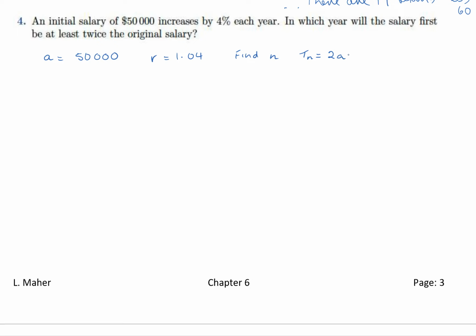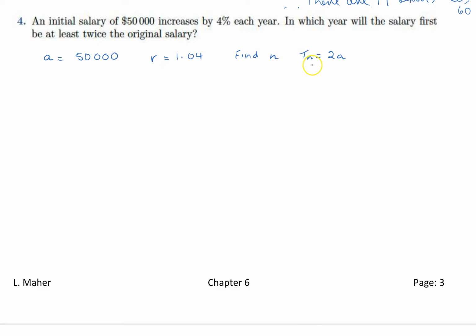Well, if we solve for where Tn is 2a, then we know that will be unlikely to be a realistic term number, because remember the term numbers can only be whole numbers.